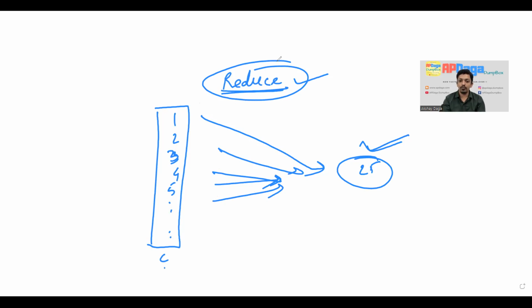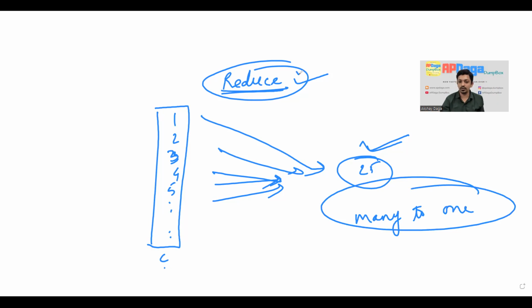I'm talking about whenever you want to do something like summation, multiplication or any other complex logic where you want to reduce n number of input elements to a few or maybe only one output. So in my example in this video, the output will be 1, from many to 1. It can be done using this reduce function.